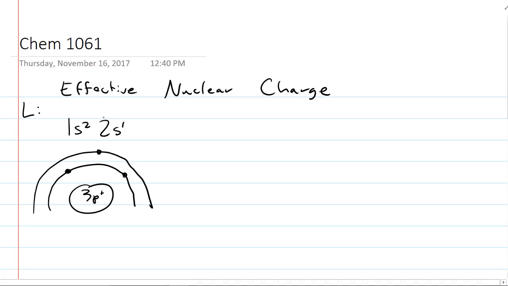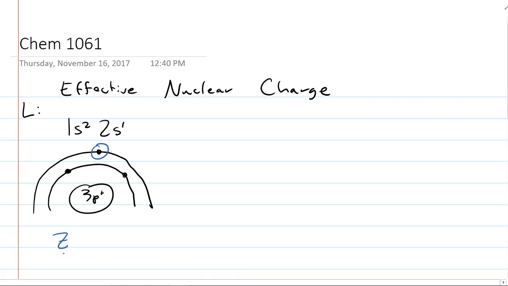And so again, we're looking at this outer level electron, which is the valence electron, and that valence electron is having the nucleus, or the nuclear charge, basically being canceled out by 2 of the electrons. And so the way that we label it is like this.